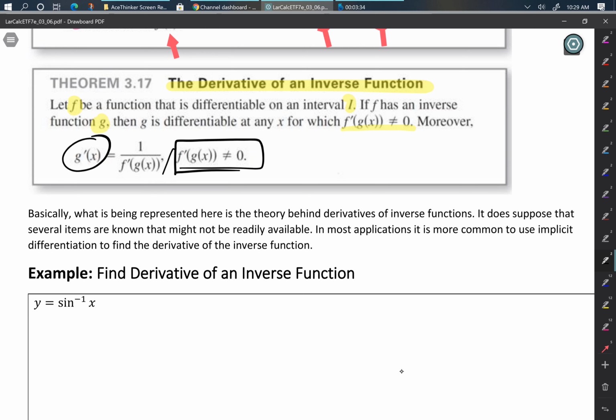And so usually when it comes to taking derivatives of inverse functions, we don't rely on this theorem. What we usually rely on is implicit differentiation and rewriting a function as not an inverse, but as the original function f. Let me show you what I mean by that.